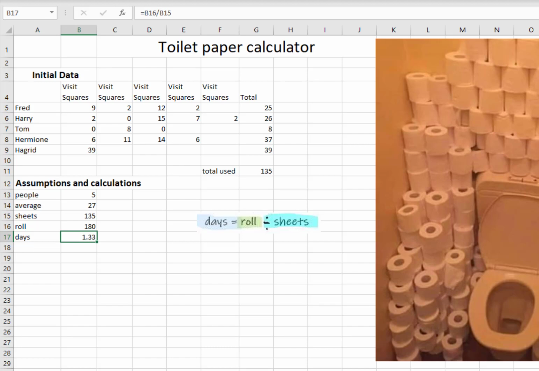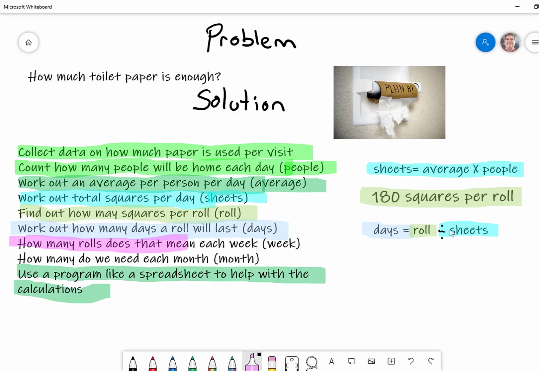How many rolls does that mean each week? Well, a week is equal to 7 days, so if I divide my 7 days by the number of days that a roll lasts, I should get how many rolls I need in a week.